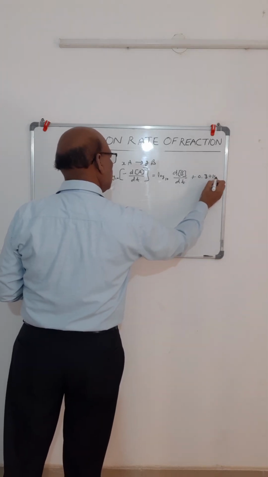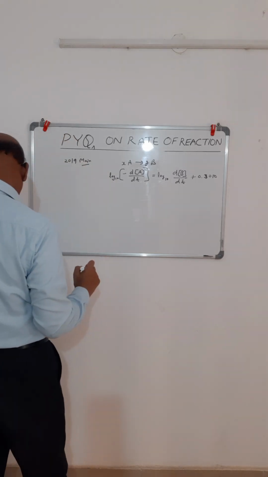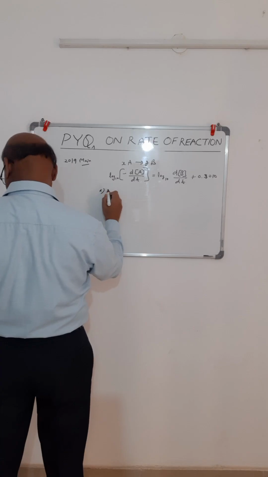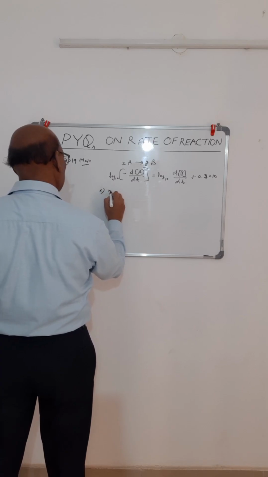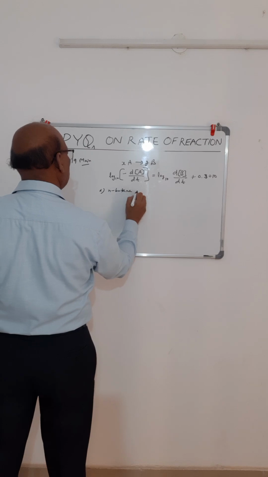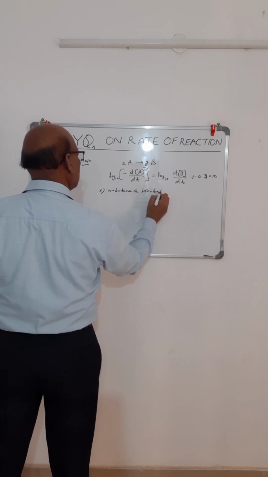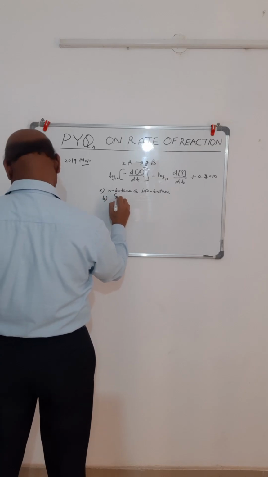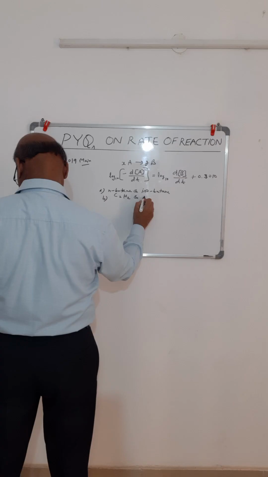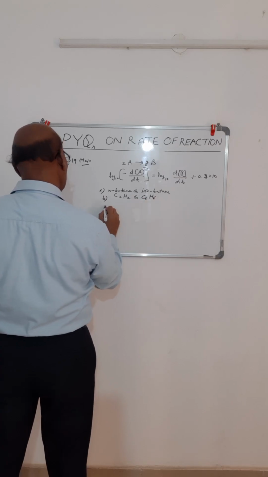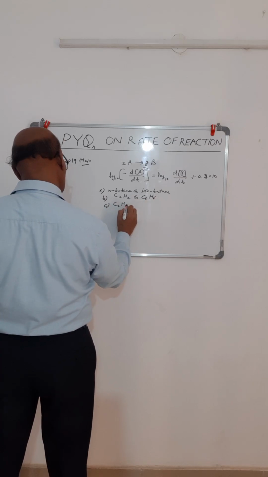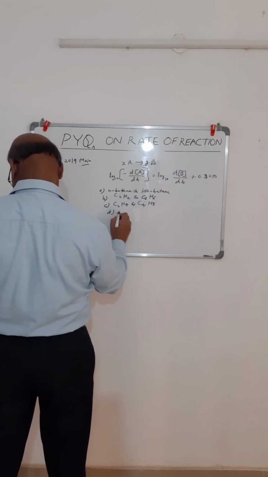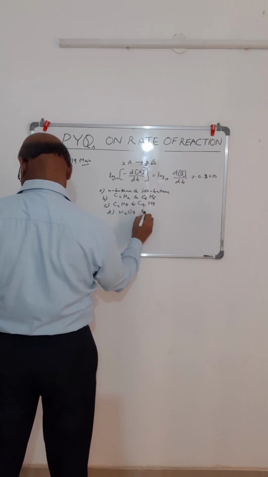That is given to us, and we have to find out that A and B can be represented by which of the 4 options given: A, n-butane and isobutane; B, C2H2 and C6H6; C, C2H4 and C4H8; and D, N2O4 and NO2.